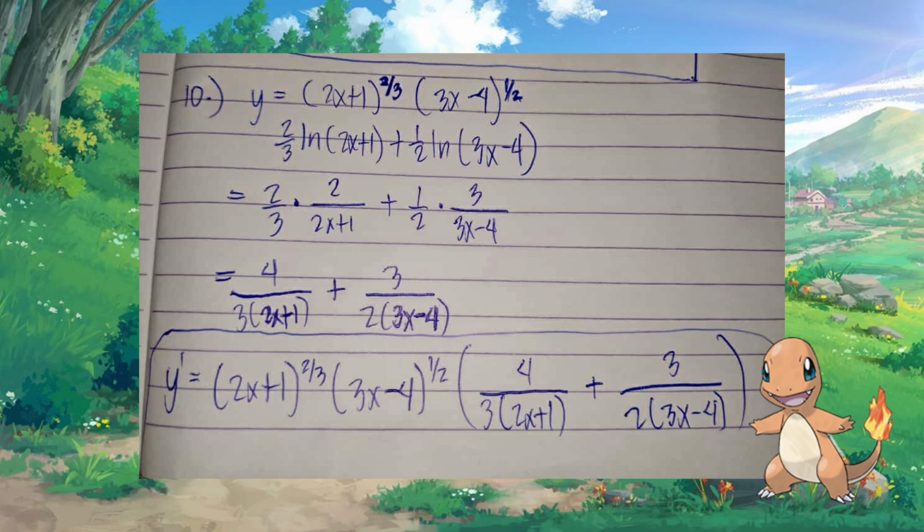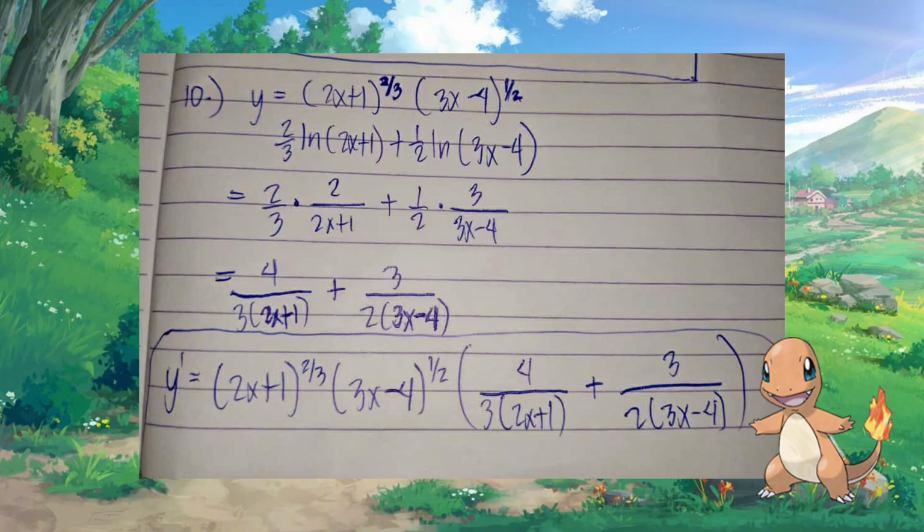Why 2x plus 1? Because you put the original in the denominator, then in the numerator the derivative of it. Then plus 1/2 times 3 over 3x minus 4.